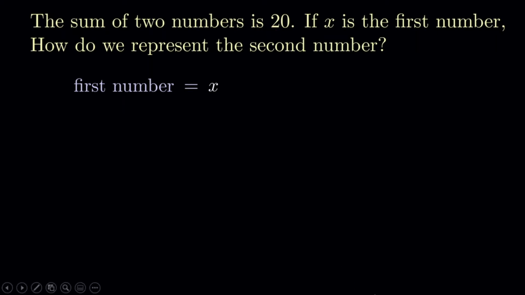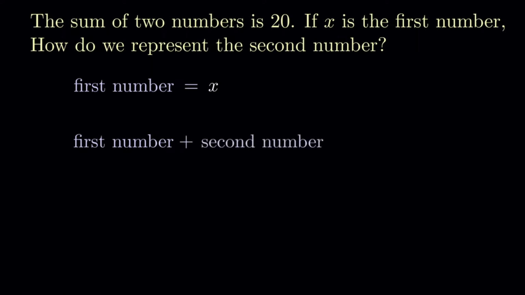So, the first number plus the second number is equal to 20. Then, we can replace the first number with its variable representation. So, replace the first number with x. So, x plus the second number equals 20.